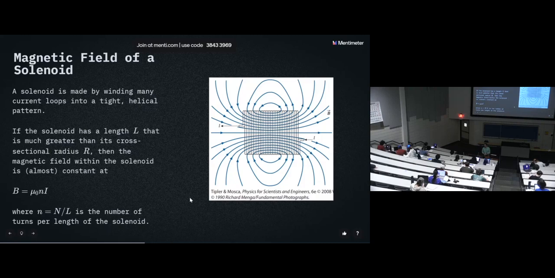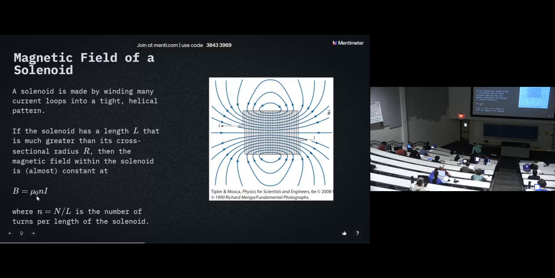So if you stick a bunch of current loops together, or another way to think about it is you wind that wire over some cylinder, which you could effectively think of as having a bunch of loops stuck together, then as we do that, we get the solenoid.